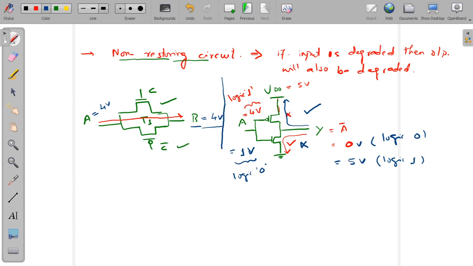Okay, so this is the difference between restoring and non-restoring circuits. So the CMOS inverter is a case of gate restoring, or simply a restoring circuit. That is, it restores the value of logic levels at the output terminal to the perfect level of VDD or 0. But the transmission gate and pass transistors are non-restoring in nature.